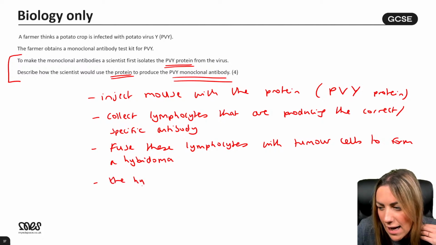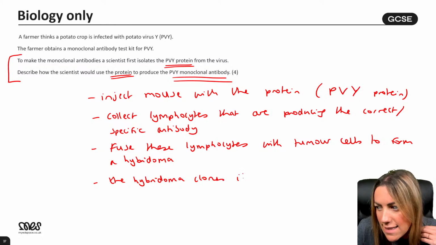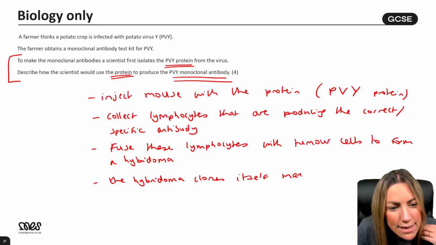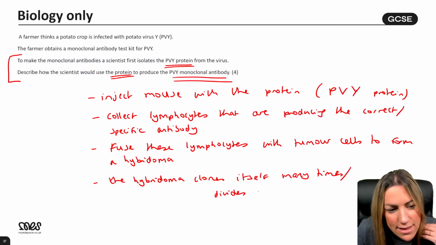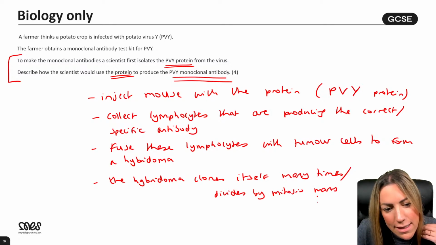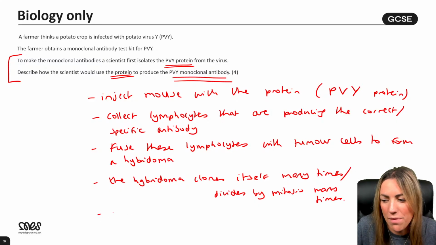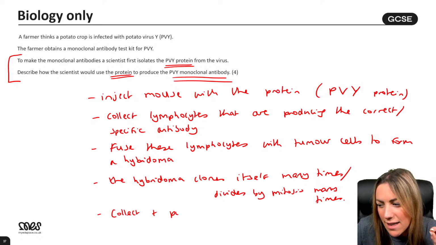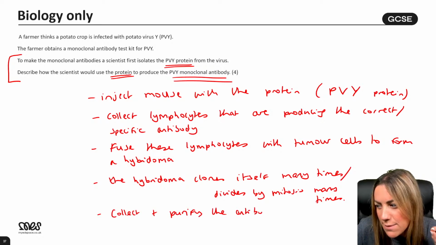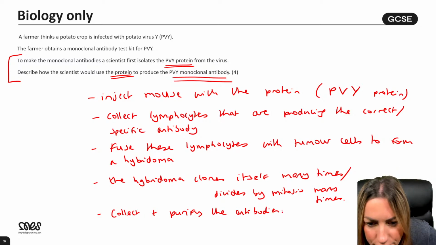And then the hybridoma clones itself many times, or you can even say divides by mitosis many times. Now, this is only a 4 marker, so you can actually stop there, but I always stick on the end, collect and purify the antibodies, because like if it was a 5 marker.